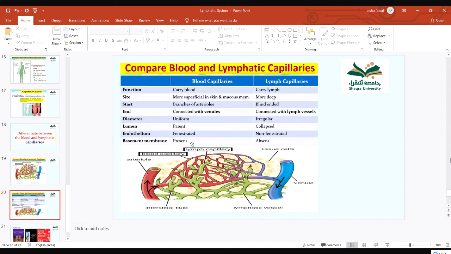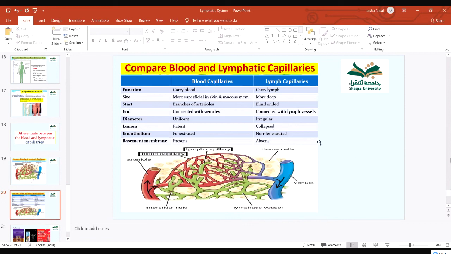But in the blood capillaries, you will find endothelial cells resting on a basement membrane. The bigger lymphatic vessels contain endothelial cells, smooth muscles, and adventitia also. But the small lymph capillaries don't contain adventitia and smooth muscle.